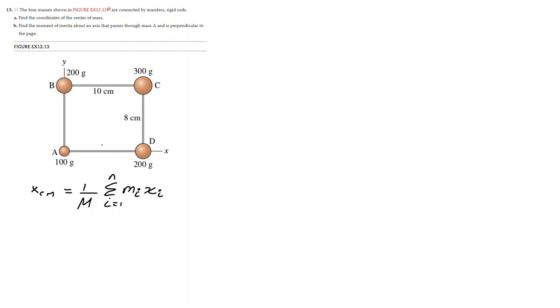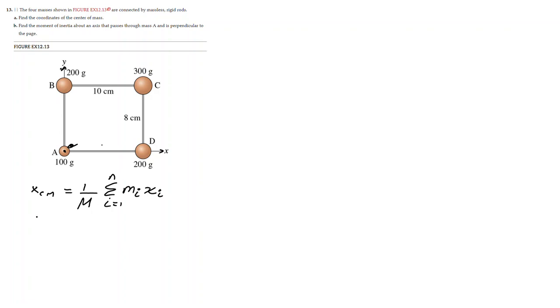So we have to multiply each mass times the distance from that mass to the origin. We know that the origin of this system is at mass A. So here we have the origin of the rectangular coordinate system. So we have here the x-axis and the y-axis, and the origin is on mass A.